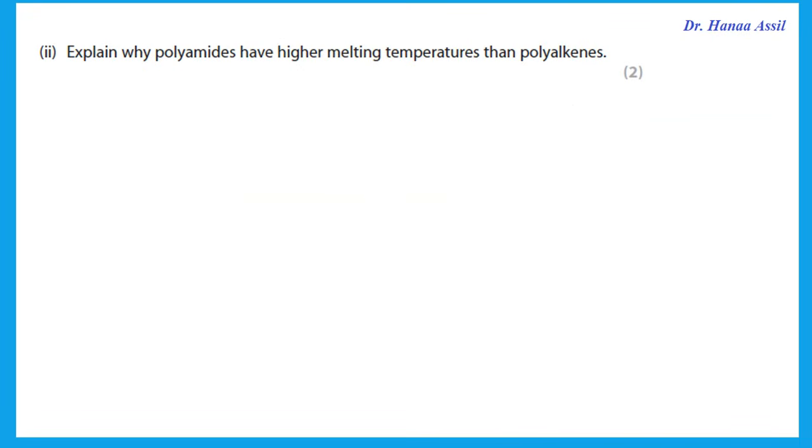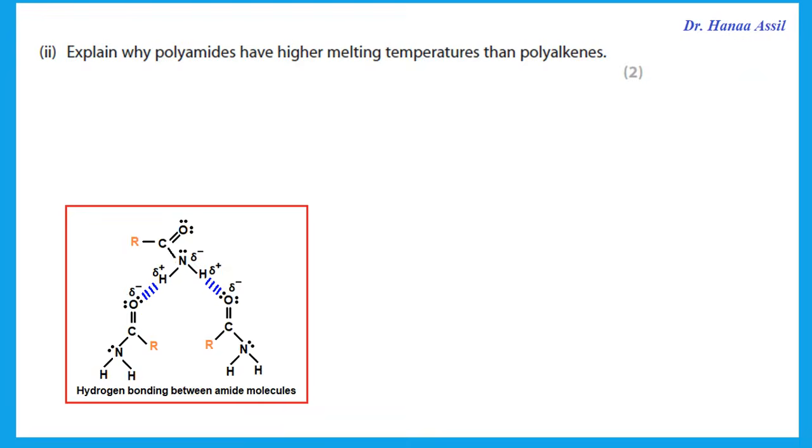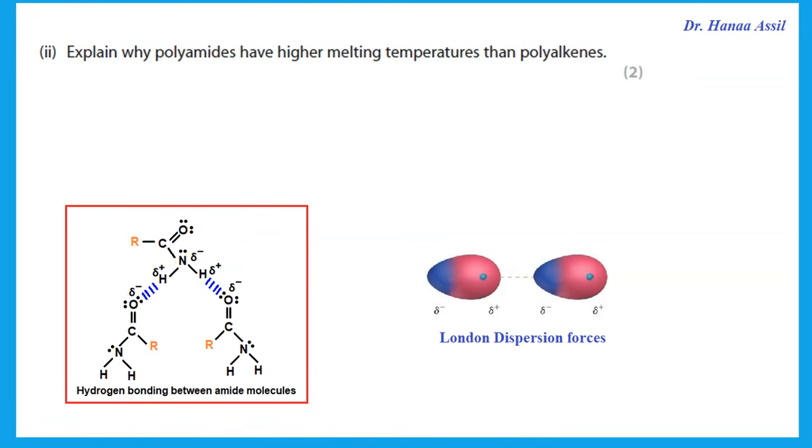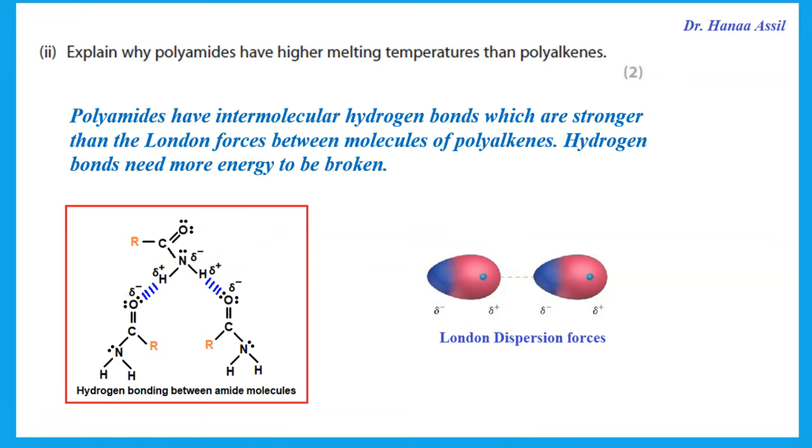Explain why polyamides have higher melting temperatures than polyalkenes. Polyamides are compounds that have C=O and N-H, and these can form hydrogen bonding with each other. So in between these molecules we have hydrogen bonding, which is stronger than the London dispersion forces between the polyalkenes.